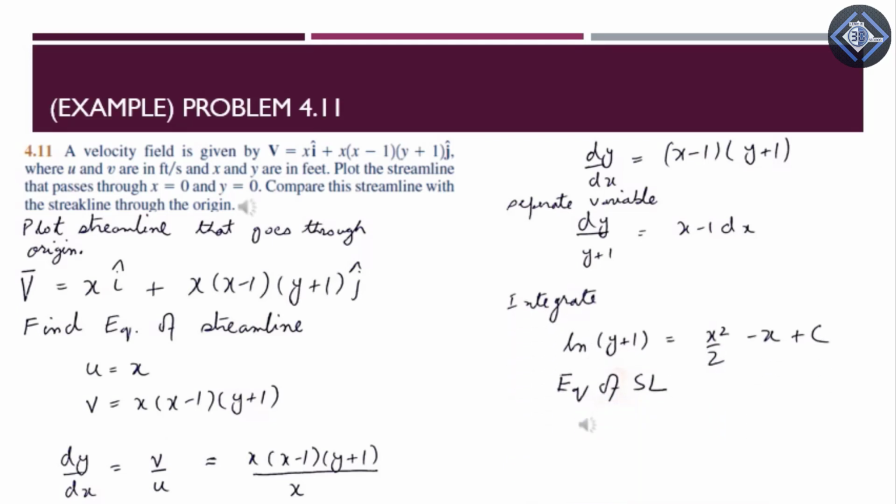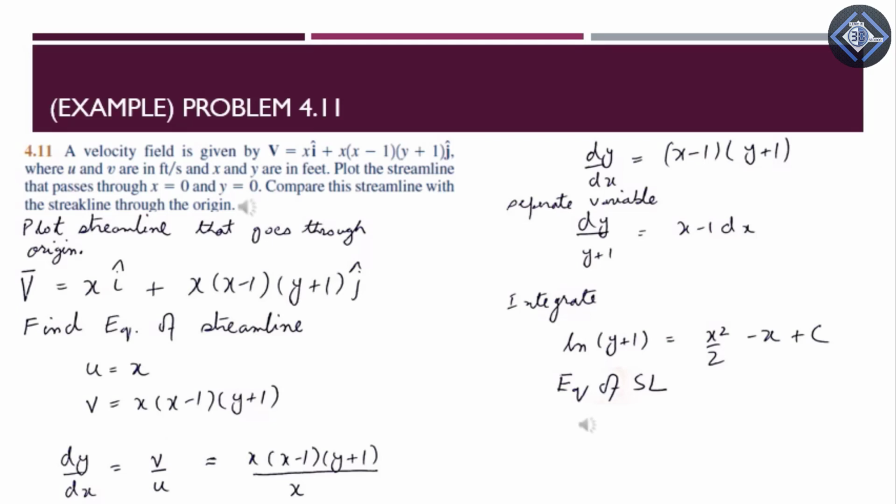So we use the equation of streamline, dy over dx equal to v over u, and we put in the values of v and u that are given to us in the problem, and then we separate the variables and integrate the equation, and this gives us the equation of all the streamlines of this flow field that is given to us.